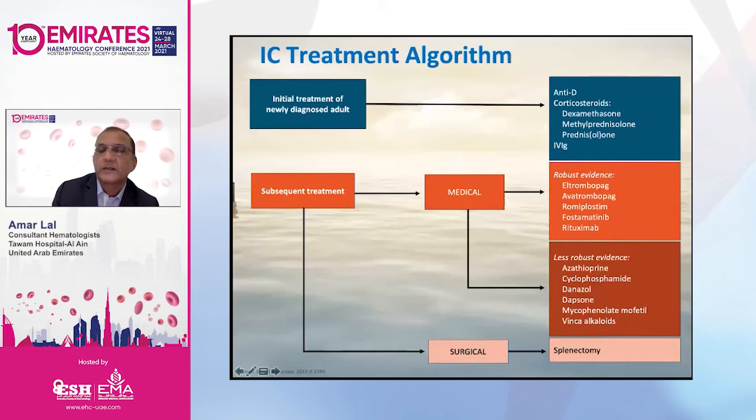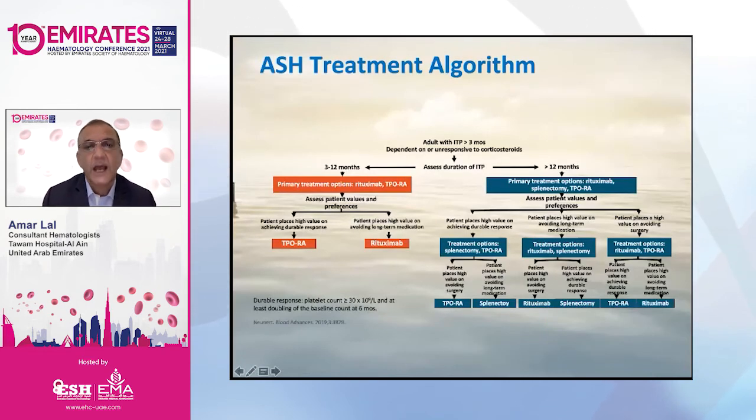Less robust are, as we mentioned, other therapies like MMF, azathioprine, cyclophosphamide. And surgical treatment is splenectomy. What about the ASH guideline? The ASH guideline is actually divided into 3 groups: patients who place high value on achieving durable response, like TPO and splenectomy; patients who want long-term response, like rituximab and splenectomy; and patients who want to avoid surgery, who have TPO and rituximab.